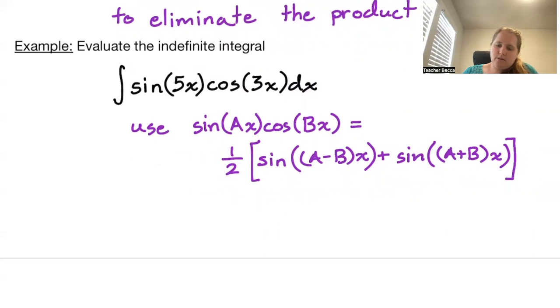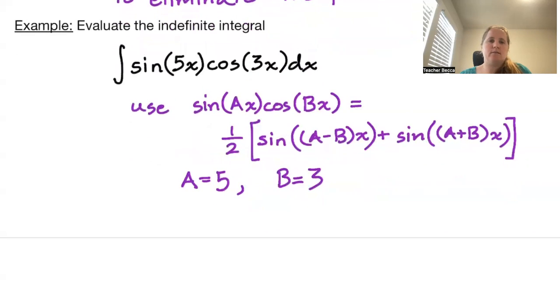In this case, a will be 5 since we had a sine of 5x, and b will be 3 since we had a cosine of 3x.